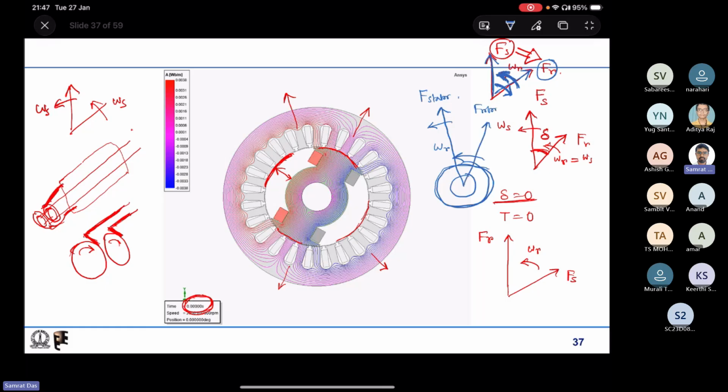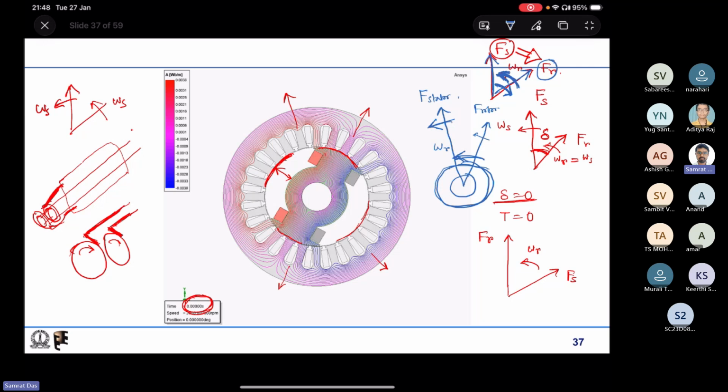Now the rotor itself is rotating, so something is ahead and something is behind with respect to the direction of rotor motion. Because the rotor is moving anti-clockwise, the stator magnetic field is ahead and the rotor magnetic field is behind. That means the stator magnetic field is leading the rotor magnetic field.